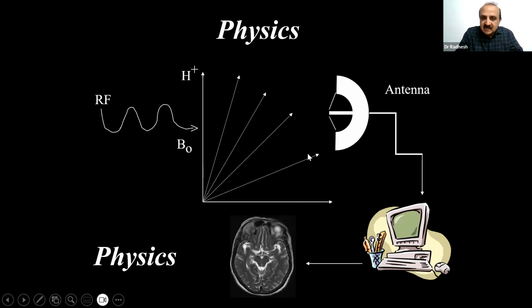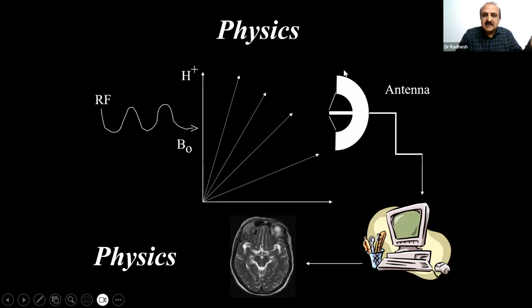At this stage, what I do, there is an antenna here within the magnet which picks up these signals when it is giving out the energy to the surrounding area. It could be to the amino acids, or it could be to the surrounding fat, it could be to the surrounding marrow.